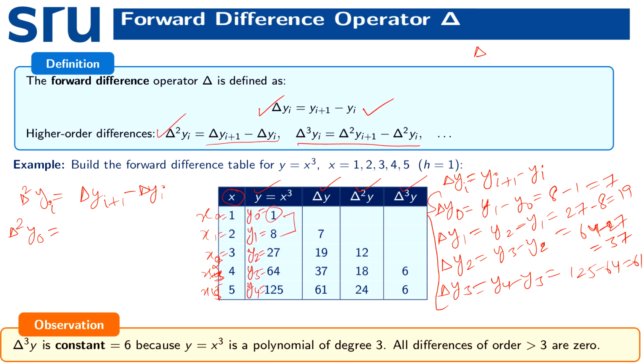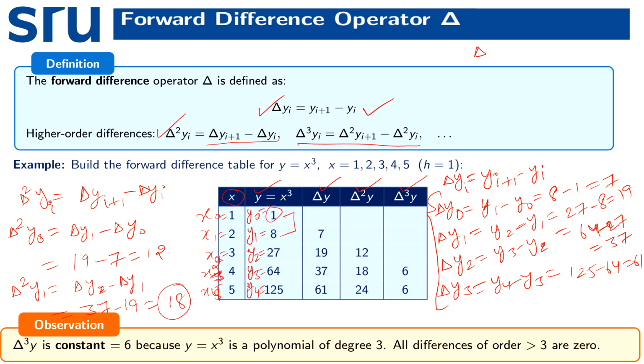It will be delta y1 minus delta y0. The values are 19 and 7, so that is 19 minus 7, which is equal to 12. Similarly, you can find delta square y1. That will be equal to delta y2 minus delta y1. That value will be 37 minus 19, which is equal to 18.